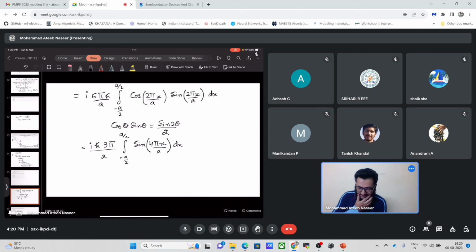We know that this sine function is an odd function, and here we have the limits between minus a by 2 to plus a by 2, and we will have this whole function equal to 0, because sine is an odd function.